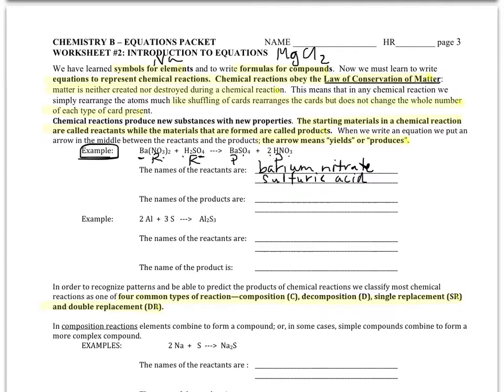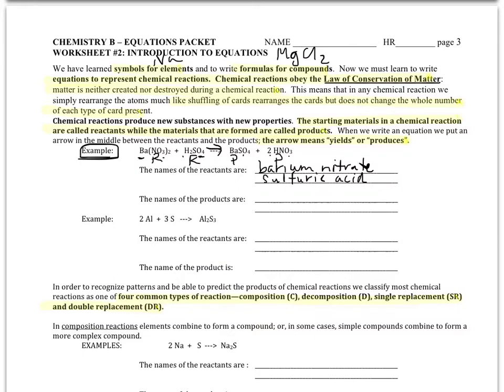Gotta think back to Chem A to remember how we named acids. So we have sulfuric acid, a hydrogen and a sulfate combined. This arrow here is read as yields or produces, and it separates our reactants that are on the left from our products that are on the right.